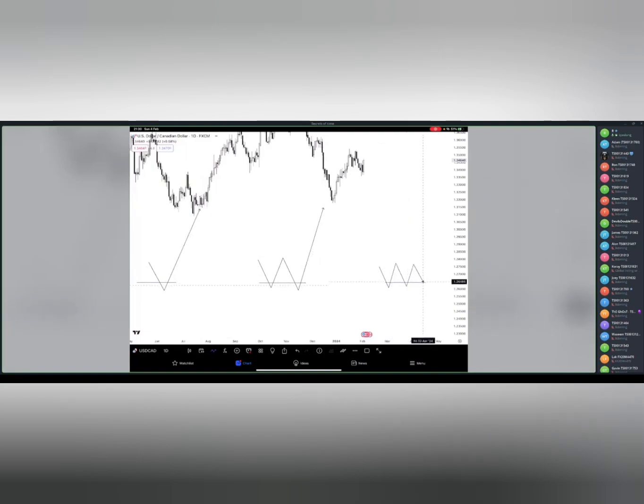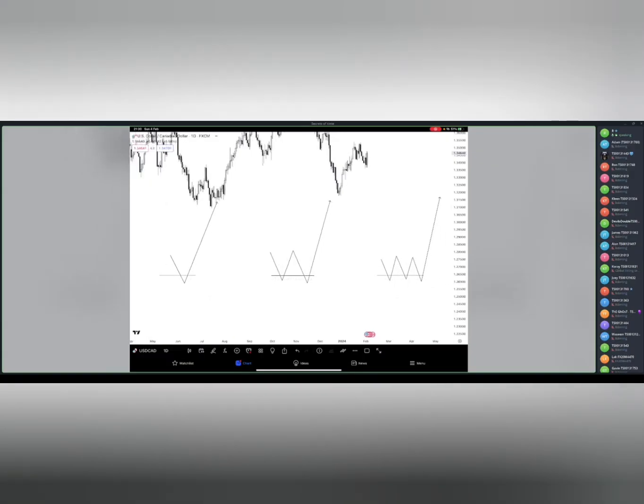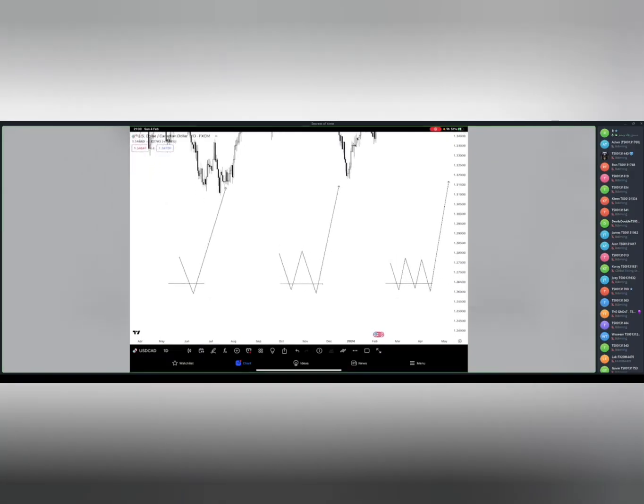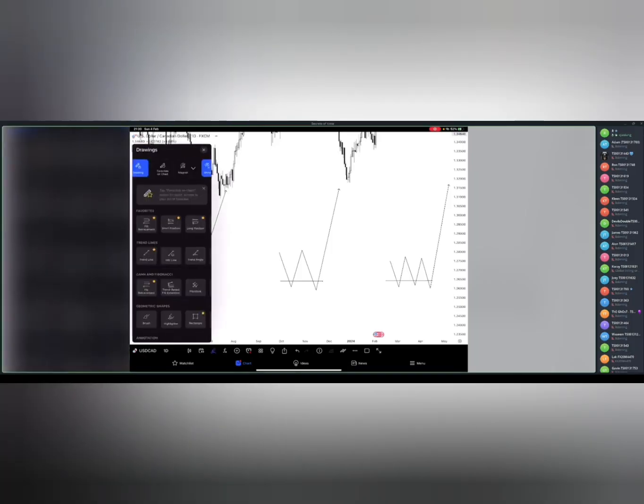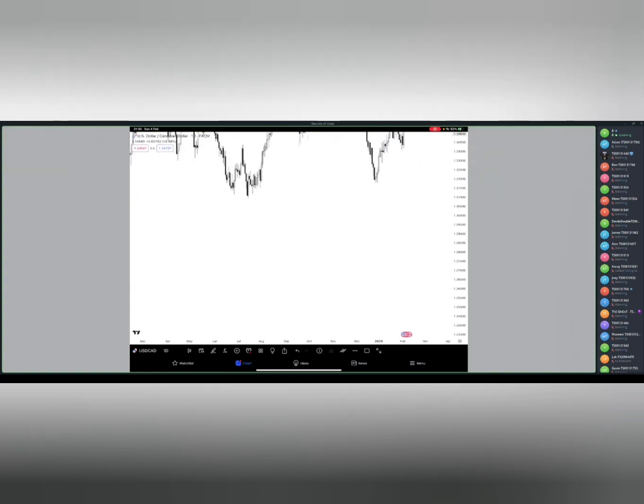So the number of touches a key level has are as so. You want to try and catch these too as much as you can, right? And there is a method to time which one happens when. Aside from that, a double touch of a level on a lower time frame is 1 touch on a higher time frame. Because you always have to think about the fractal nature of price and how the higher time frame looks like on the lower time frame.